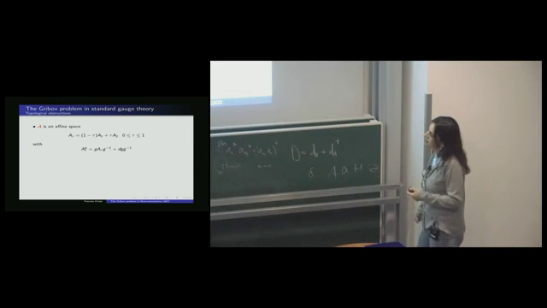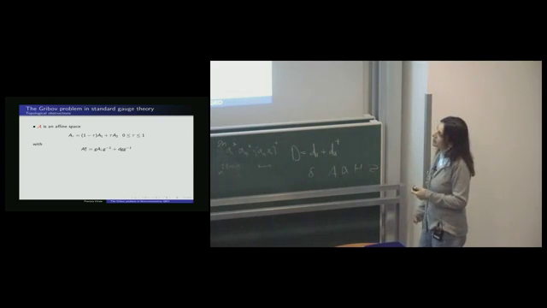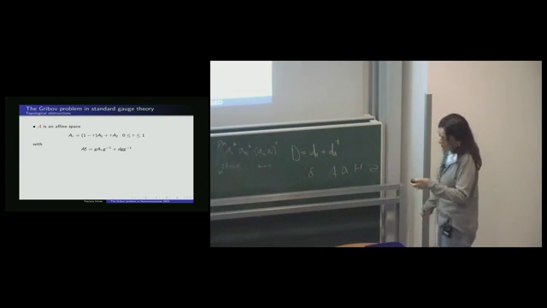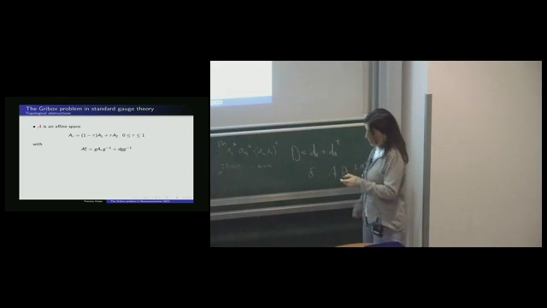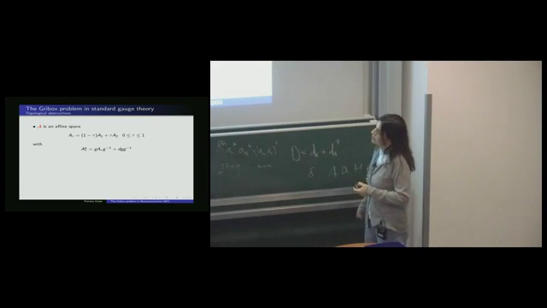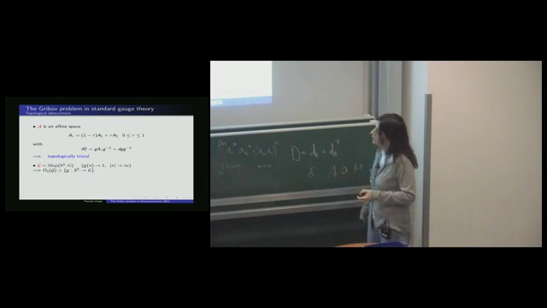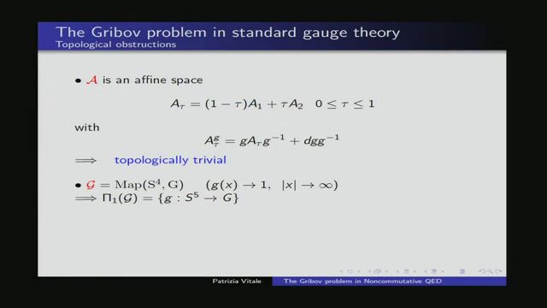This is still a gauge connection, as I can check from here. I simply do the transformation here. I have this minus tau, and tau will combine in such a way that I get only this term. So this is an affine space. Then it is topologically trivial.